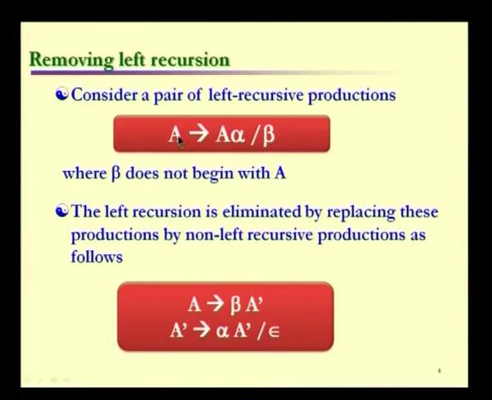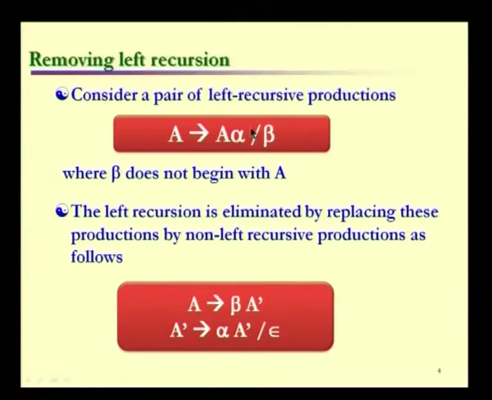If I start A with the first alternate, A alpha, left recursion is there, and if I start A with the non left recursive production, beta, then A is not going to be there. If A is not there, there is no question of having left recursion. But still we must know that whatever way we rewrite the productions to eliminate the left recursion, the language generated by the grammar should not be allowed to change.